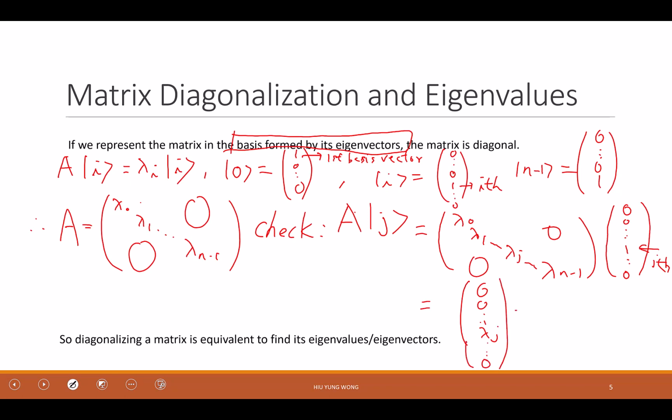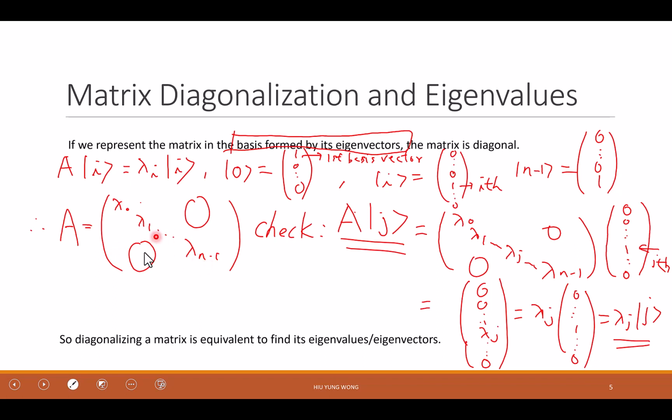This is equal to lambda j times the vector with 1 at position j, which is just lambda j times the jth eigenvector. So the matrix times the vector is the eigenvalue times the eigenvector. Indeed, for each of them, this matrix still behaves correctly. So that is just to show you that this is the case.